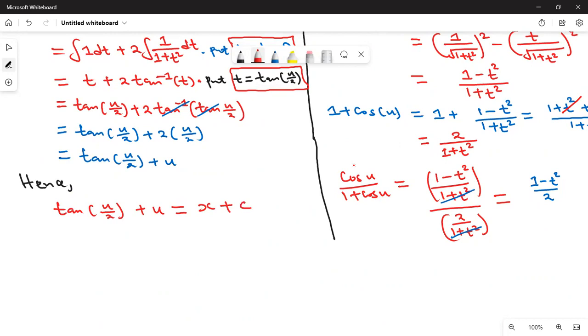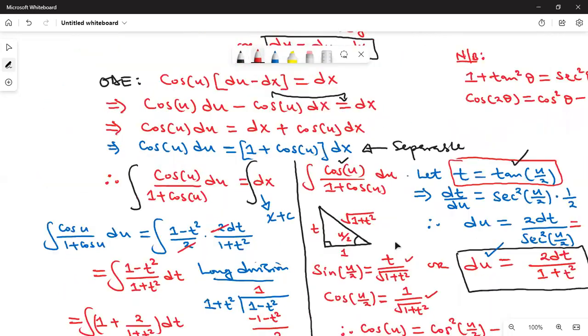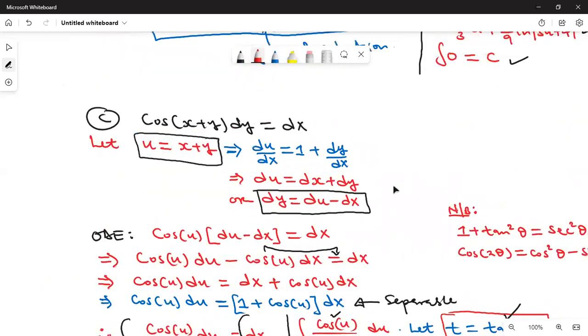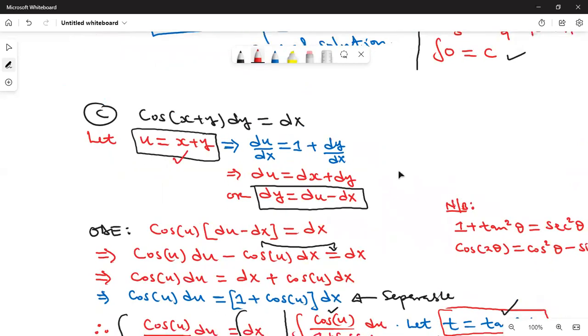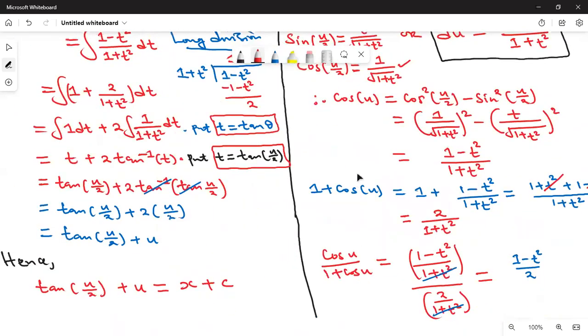Now, our original problem was in terms of x and y. We only introduced u somewhere, so I have to replace it back so that I go back to x and y. So where there is u, here we are going to put x plus y. You must go back to the original variables. So you ensure you perform all the back substitutions that are necessary.